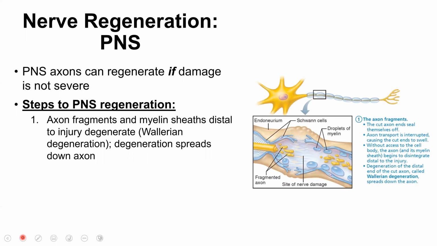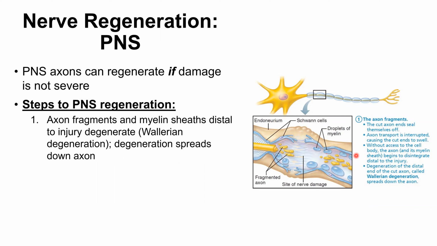So the axon is going to fragment, which you can see here's the axon. This side is closer to the cell body, and this side is closer to the terminal. If there's damage, say here, then part of the axon is going to start fragmenting, and then the myelin sheaths that are distal to the injury begin to degenerate.